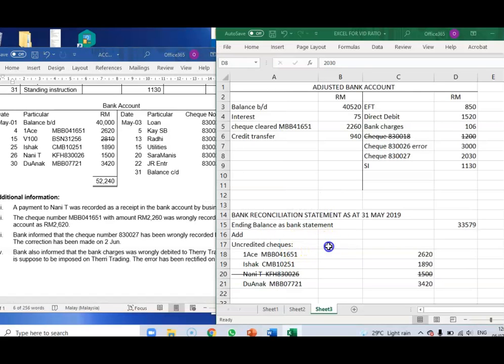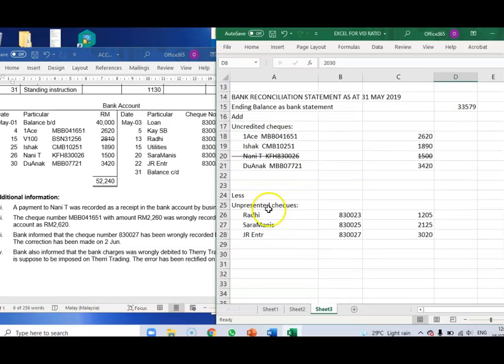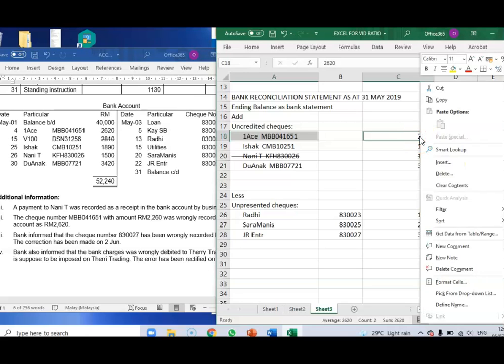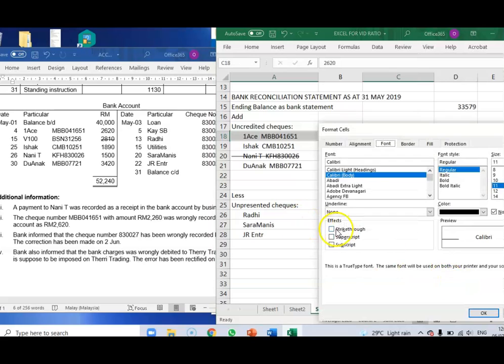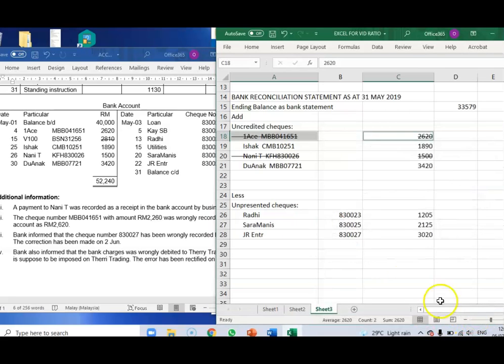So you go to the bank reconciliation statement, the answer, and find out which data contains MBB 041651. So I found it here. This one is not the bank's mistake, so you need to take it out, strike through.